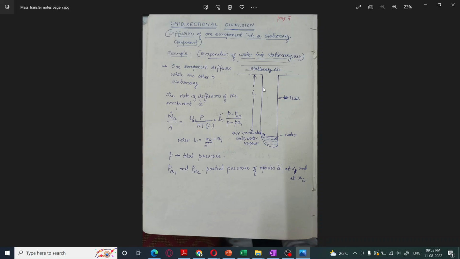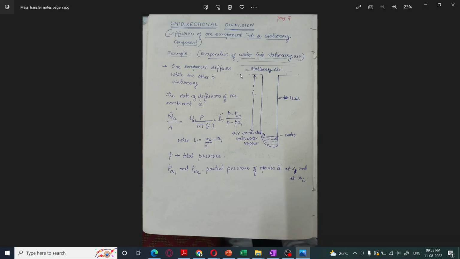A test tube having say 10 centimeter length or height and some diameter, and we have water collected at the bottom. So here we can just think of the case when water evaporates into the dry air.